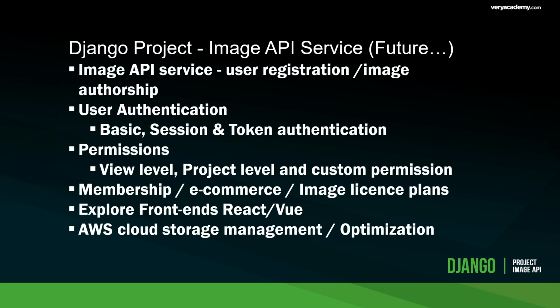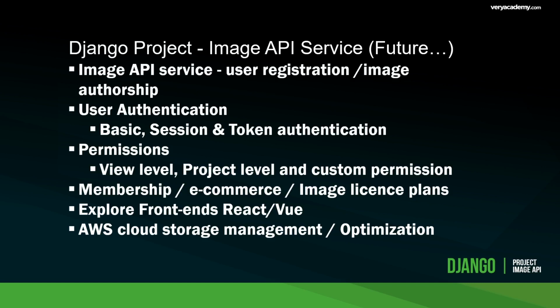Potentially then we can move into membership. So we can use our API system to generate some sort of membership system and potentially then sell. So we could develop this also into some sort of e-commerce system, which we can then start selling images and so on. And we could also think about image license plans, how we might develop that within our RESTful framework.